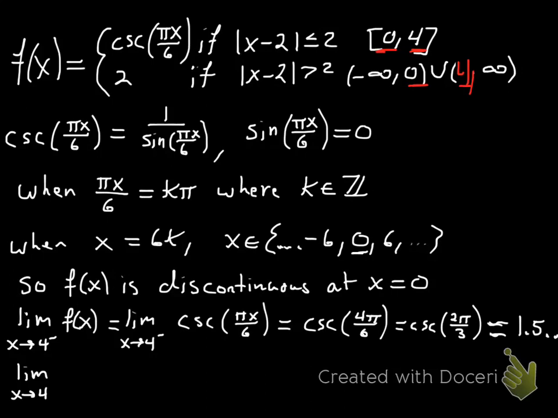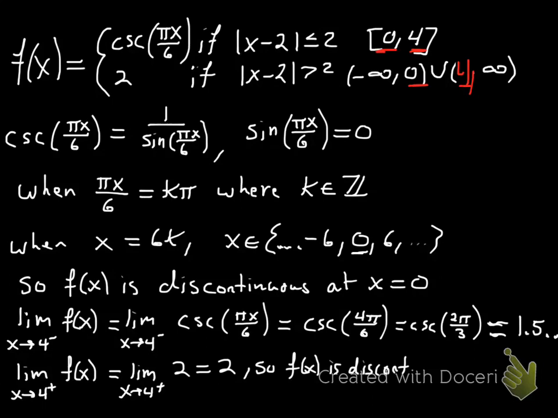This could have been a pre-calculus problem. We can use limits to talk about approaching 4 from the left and the right. If we approach from the right-hand side, we're in the open interval 4 to infinity, so we look like the line y equals 2, and that limit is 2.